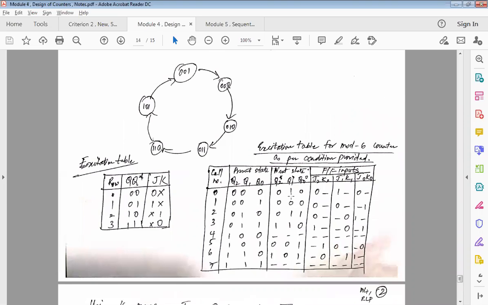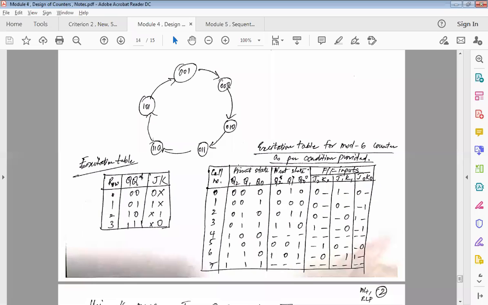But here we are thinking of the next state as always related to your state diagram's output. So your present state can be any binary combination, but those that we have in the next state should be the output of your state diagram. Now see here, after 0 I have 0, 1, 0.